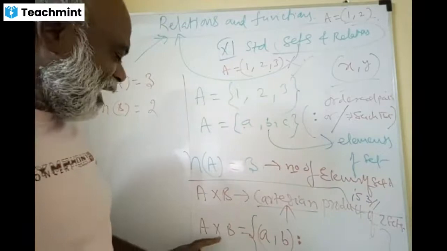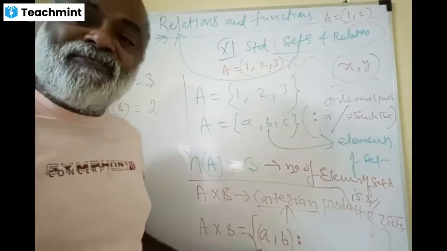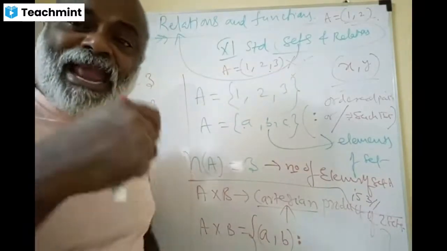So friends, here A cross B is a set of ordered pairs. I'll tell you in English also.